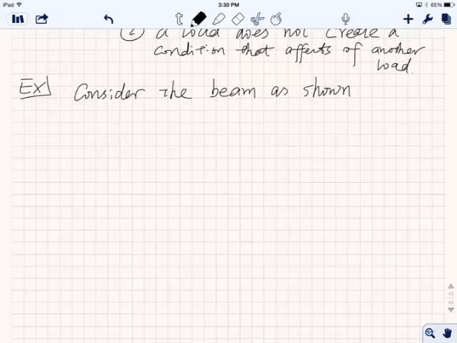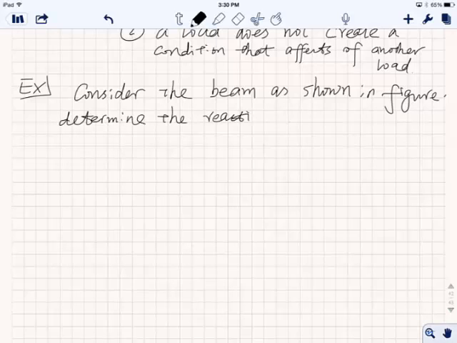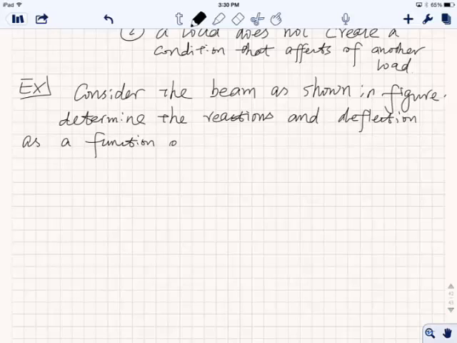So, okay, as shown in the figure, you have a beam. Determine the reactions and deflection as a function of x.